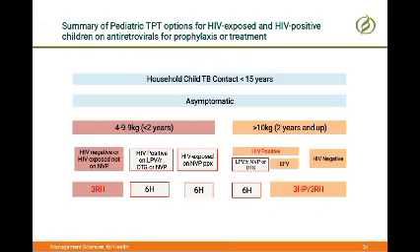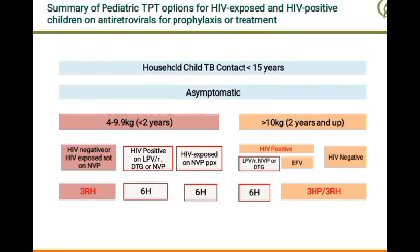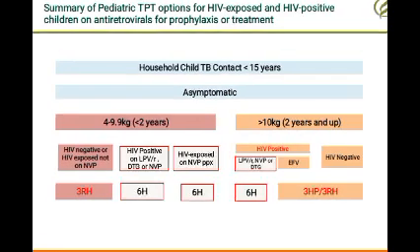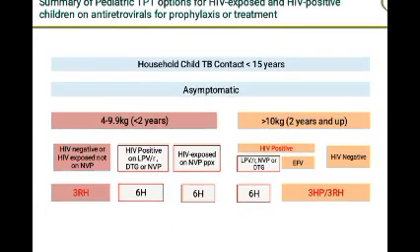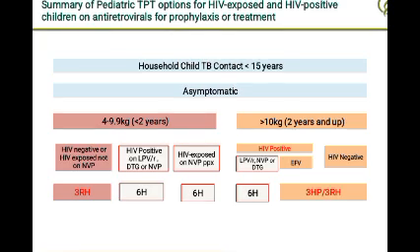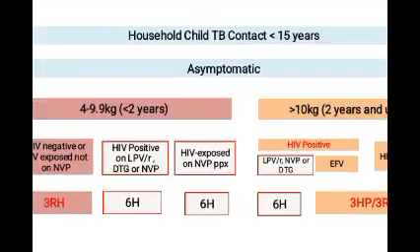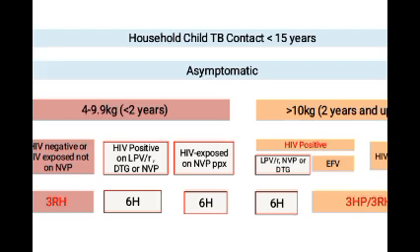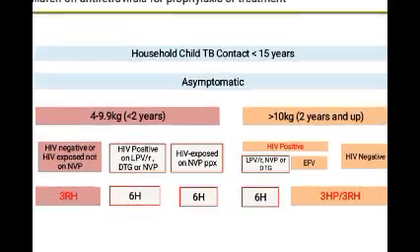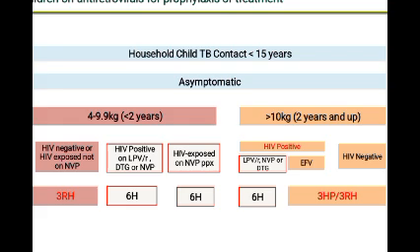Summary of pediatric TPT options for HIV exposed and HIV positive children on antiretrovirals for prophylaxis or treatment. Household child TB contact less than 15 years, asymptomatic. 4.4 up to 9.9 kg, or greater than 2 years, greater than 10 kg, 2 years and up.